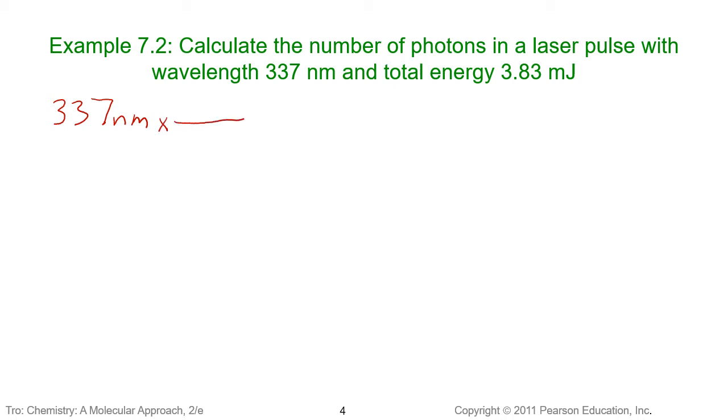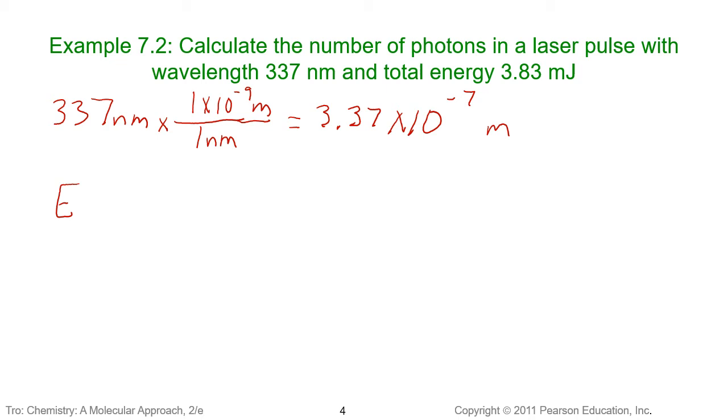In order to use the speed of light, we need it to be in meters. So 1 nanometer is 1 times 10 to the negative 9th meters. So we get 3.37 times 10 to the negative 7th meters. Now we can find the energy of one photon.